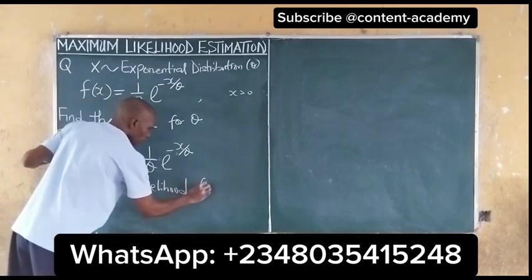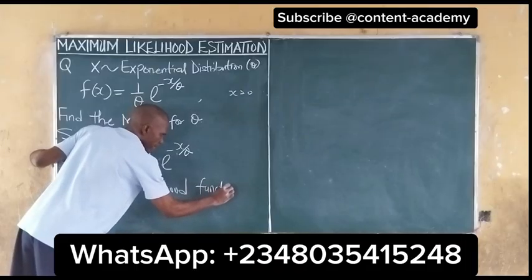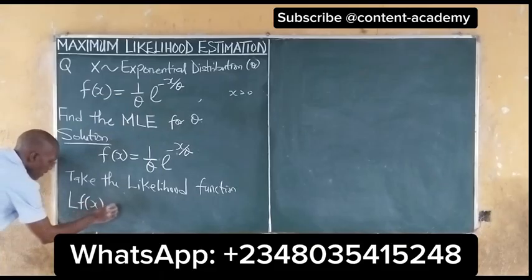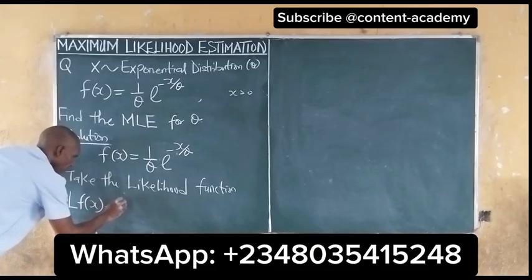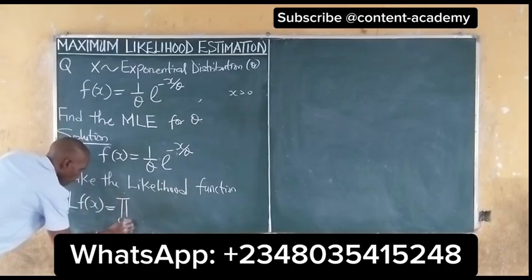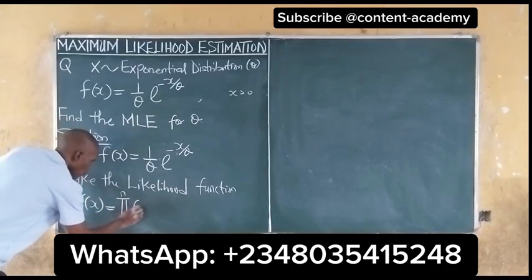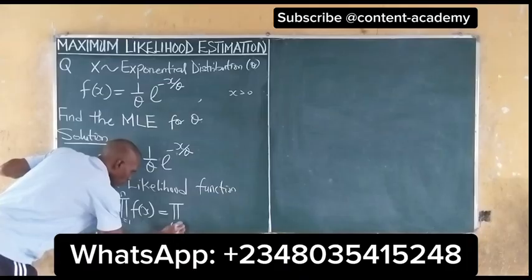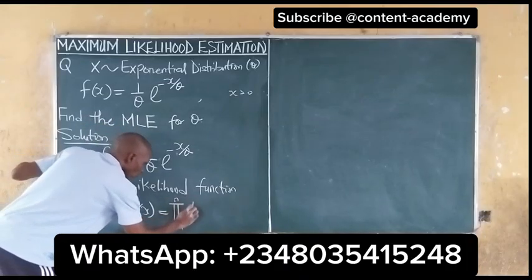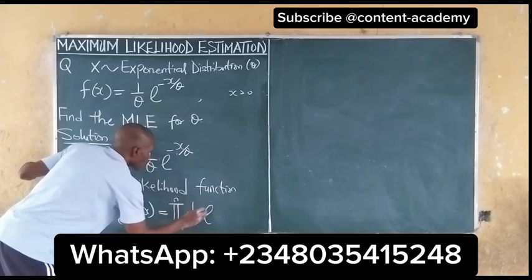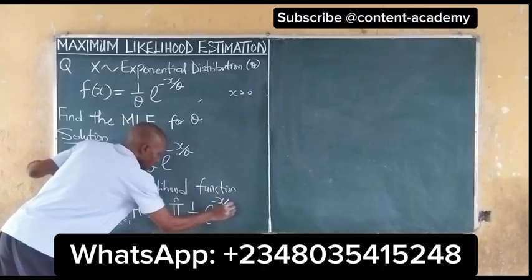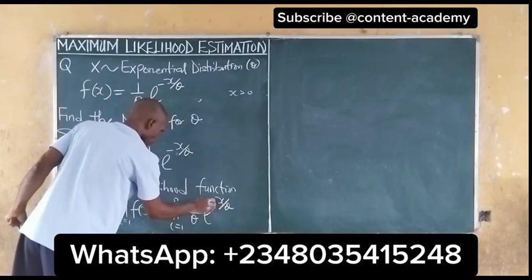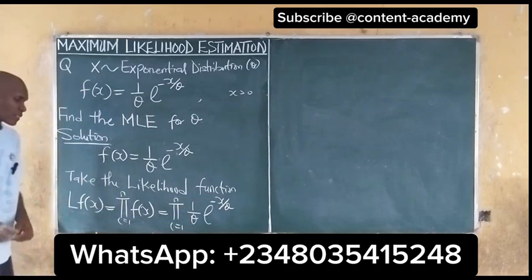The likelihood function for the given PDF can be written as the product of that distribution. So we can take the product, as i running from 1 to n, 1 all over theta exponential negative x all over theta. So this is what we get.